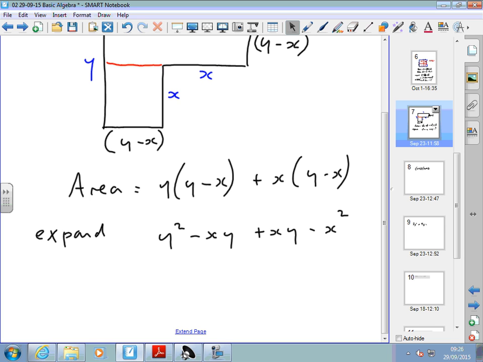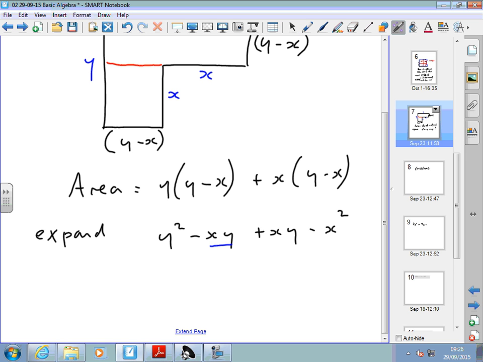Can I simplify that? How? Minus xy plus xy is... Sorry? No, that's a number.